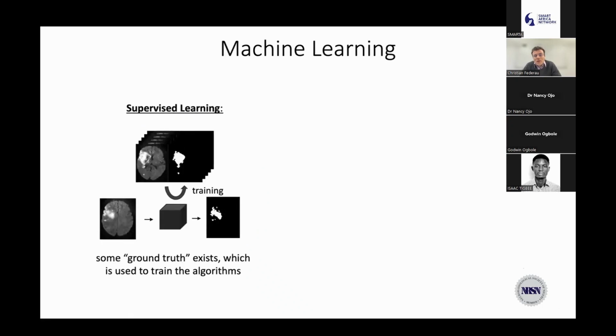So we differentiate between supervised learning, where you give the ground truth to the computer to learn something. For example, here you see a stroke, and you give the segmentation to the computer and try to train it to recognize the stroke.